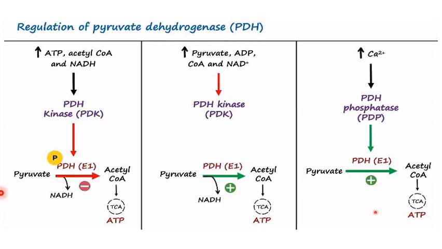Remember that the essence of pyruvate going to acetyl-CoA in the first place is to generate ATP. Now, when ATP has been generated, there is acetyl-CoA, and there is NADH, the reduced form of NAD. When they are present, it means that this complex needs to be shut down.